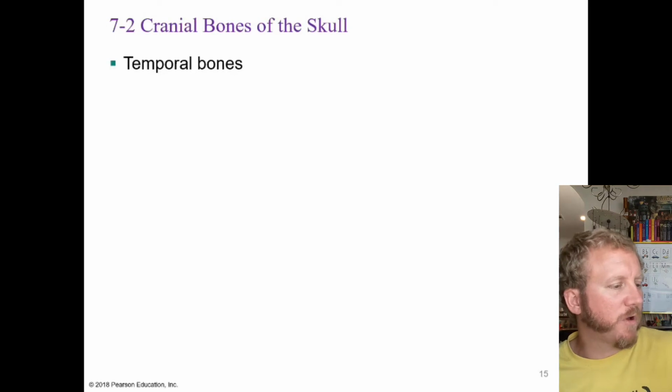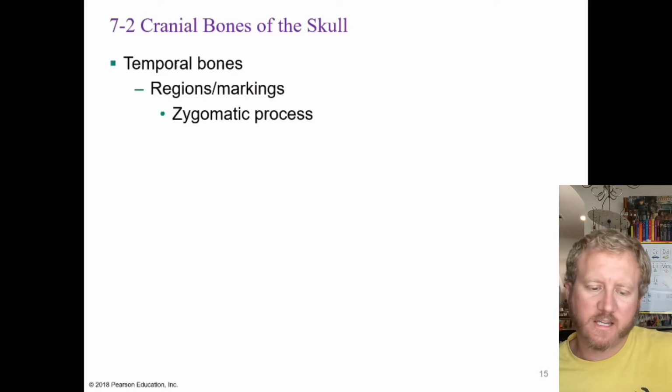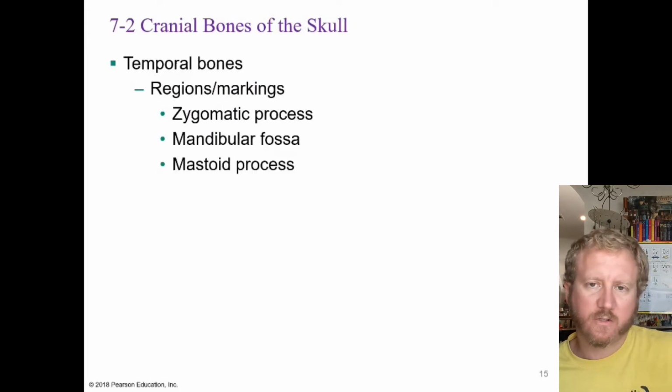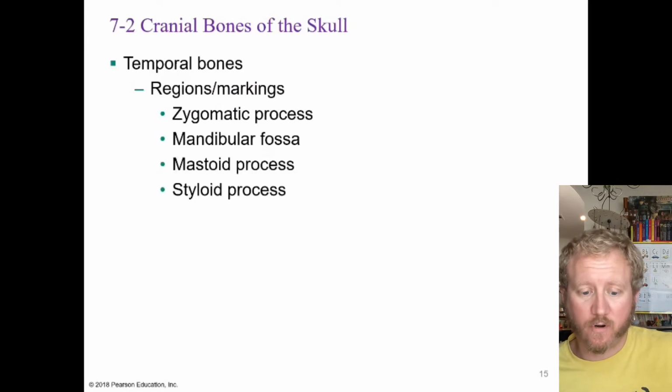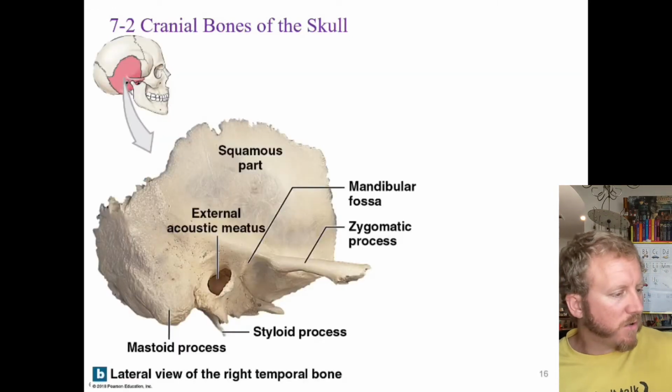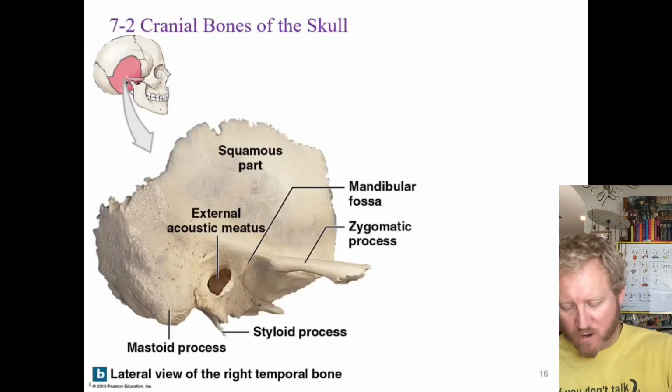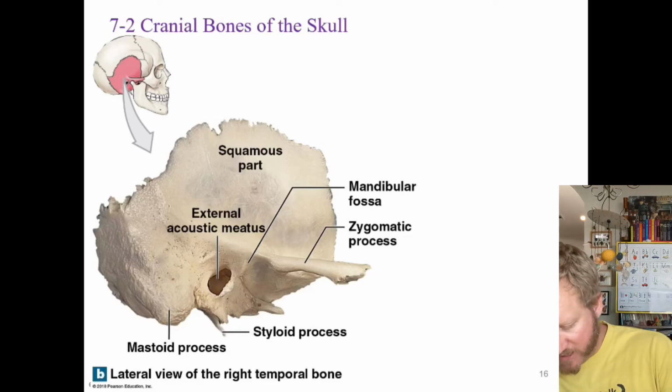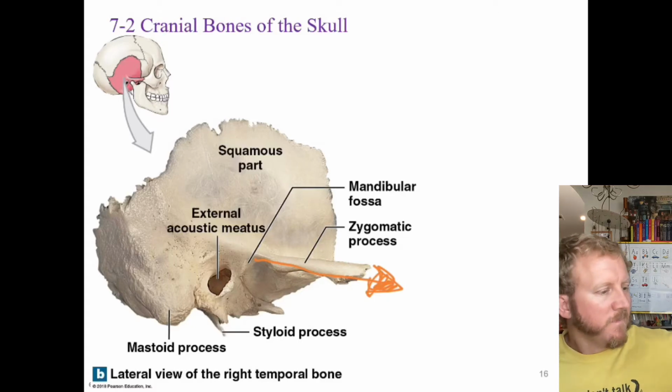Continuing with the temporal bones, there's a number of different regions on this one, including the zygomatic process, the mandibular fossa, mastoid process, the styloid process, and the auditory ossicles. So the first part is the zygomatic process, which is this arch-like structure right here that will continue moving anterior towards the face.